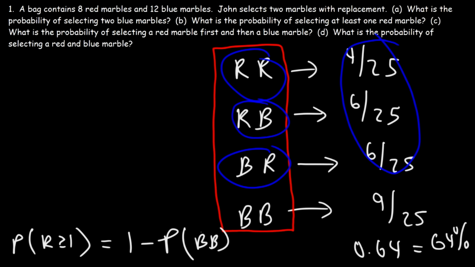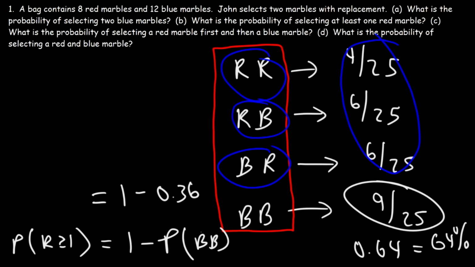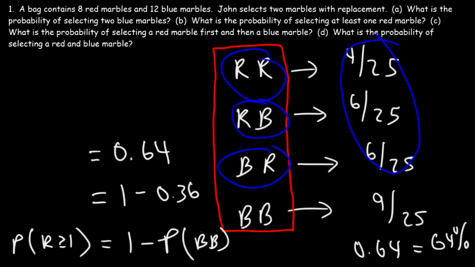So the probability of an event occurring is equal to 1 minus the probability of that event not occurring. So this is going to be 1 minus 0.36, which is the answer that we had in part A. The probability of getting 2 blue marbles was 9 over 25, which is 0.36. And 1 minus 0.36 is 0.64, which gives us 64% again. So that's the other way in which you can get the same answer.